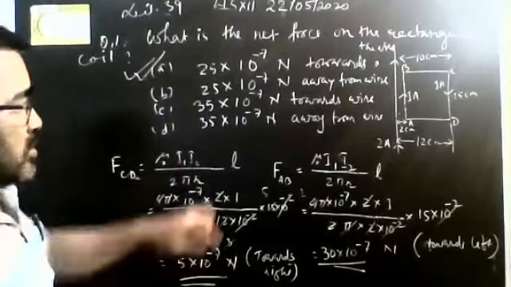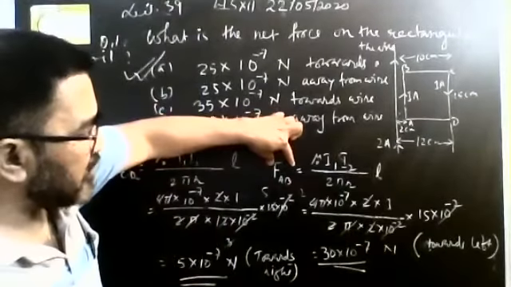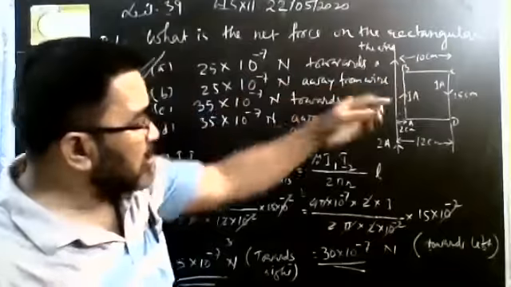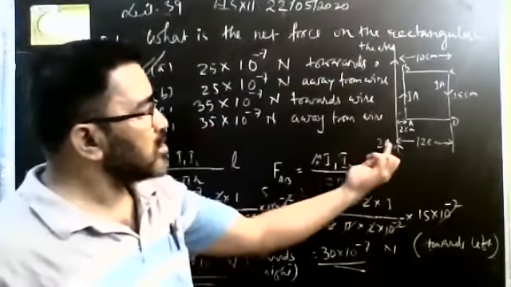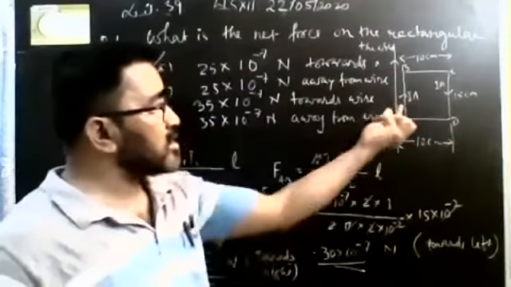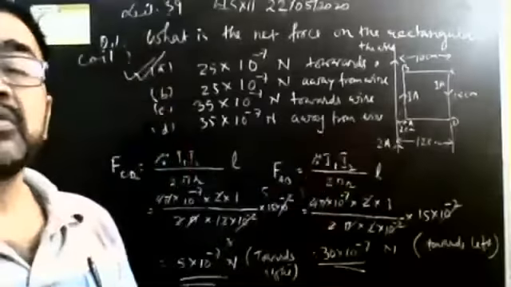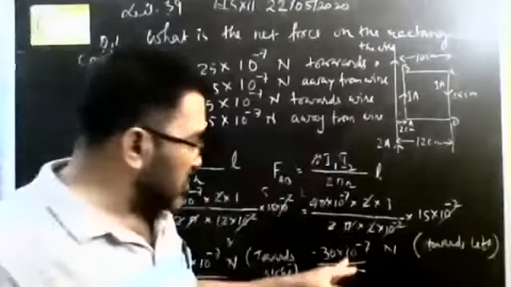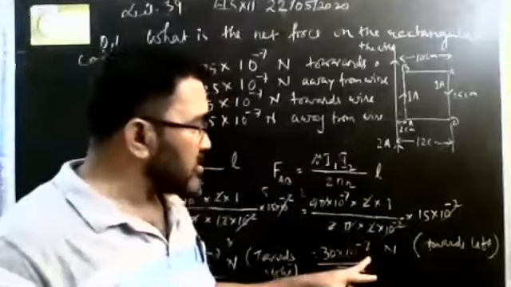As we saw, FAB is the force applied on AB towards left, towards the wire. Attractive force will be there, since both wires have current in the same direction, right? So by calculation we saw 30 into 10 to the power minus 7.